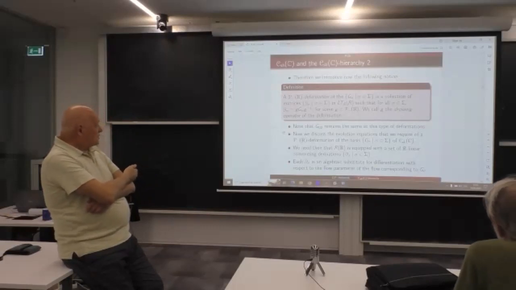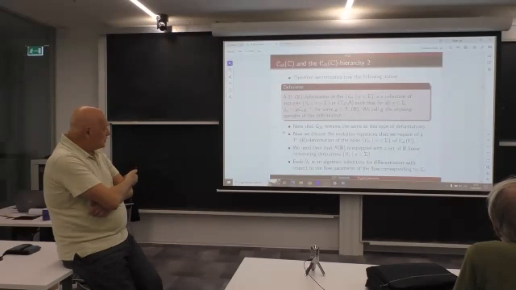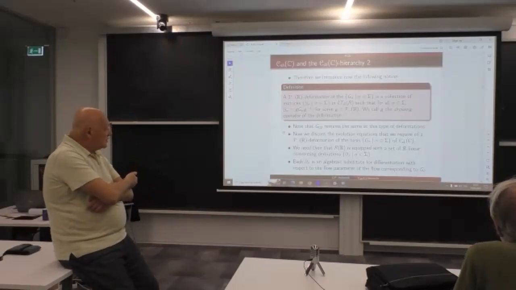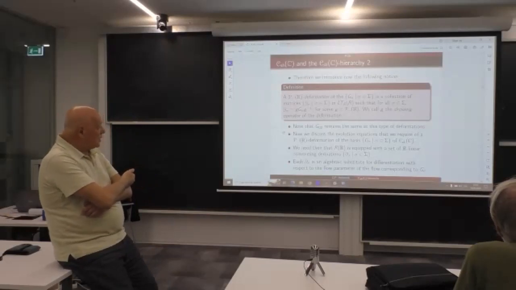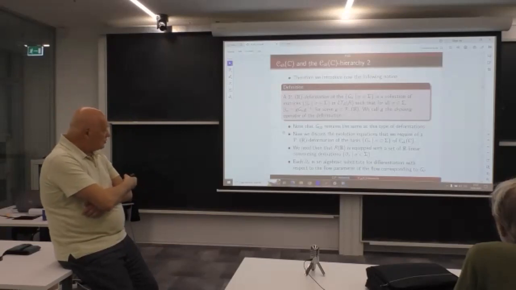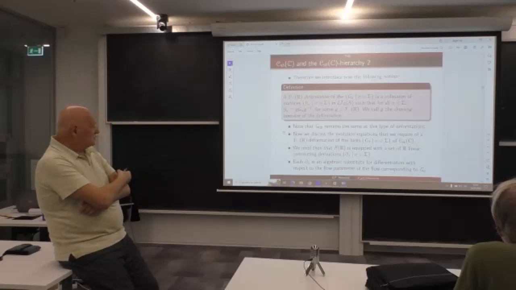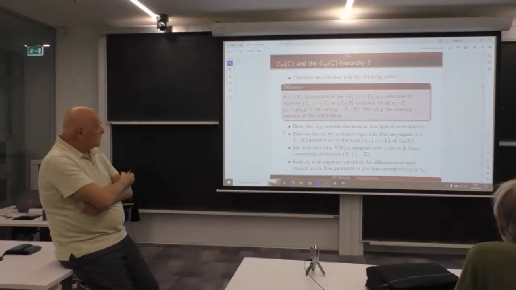Now, what are the evolution equations? To get evolution equations, we need that the algebra RR, so that's the real part of the complexification R, has a set of R-linear commutative derivations partial sigma.